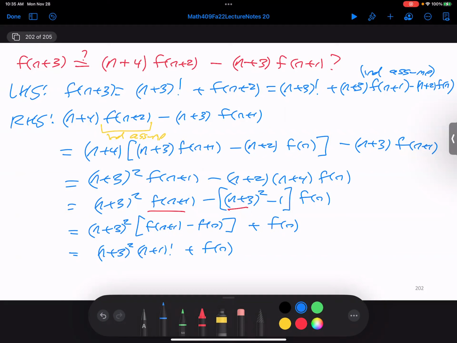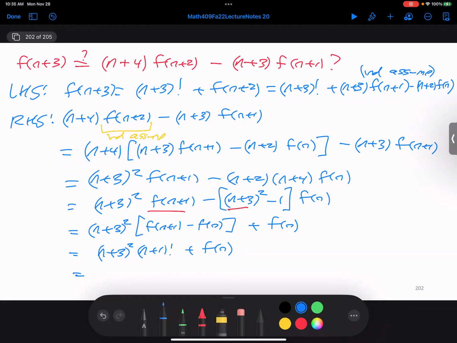We're trying to show the right-hand side equals the left-hand side. What's fn plus 3? That's n plus 3 factorial all the way down to 1 factorial. We've got the n factorial all the way down to 1 factorial. We've got an n plus 1 factorial. We have here n plus 3 squared.